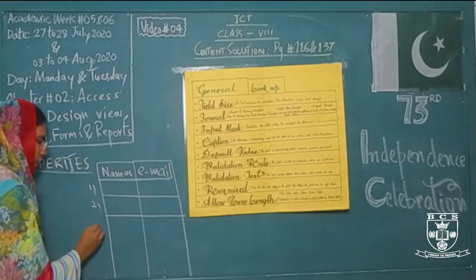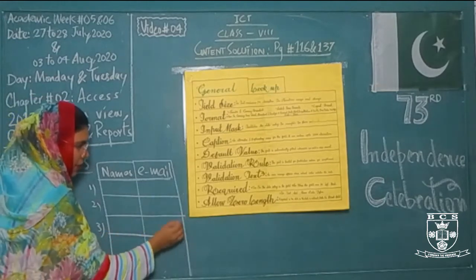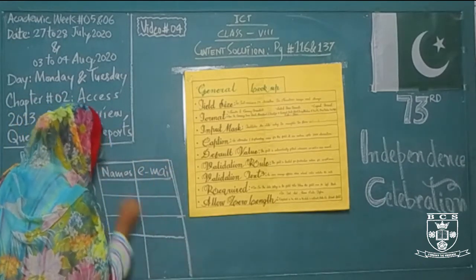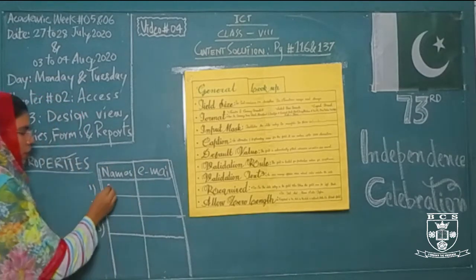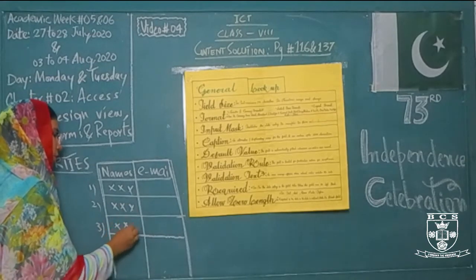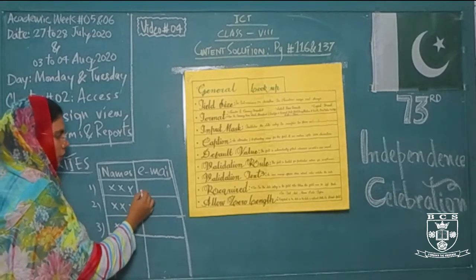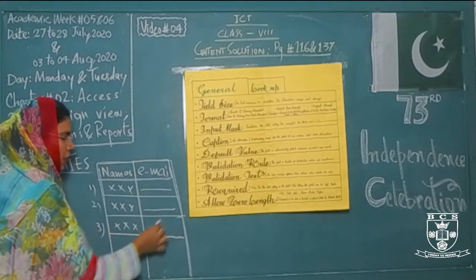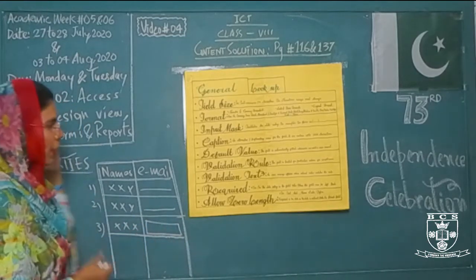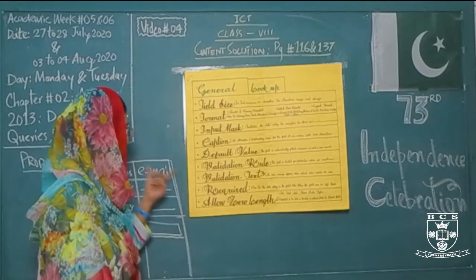Not everyone has an email address. So if I am entering 3 different names over here, and only 2 persons have email addresses, I will fill the first one and the second one, and for the third one I can leave the field blank, because I am using this required field for this email field.